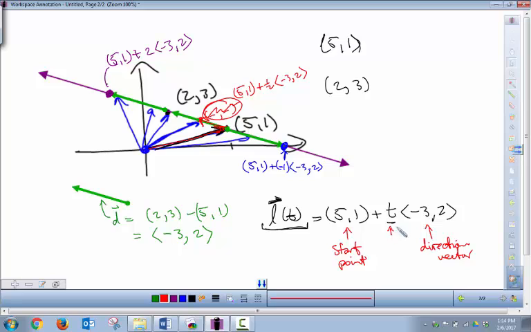And then we have t to be our parameter scalar thing. That would move you to a specific point and then scale the vector so that you can go to any point on the line.